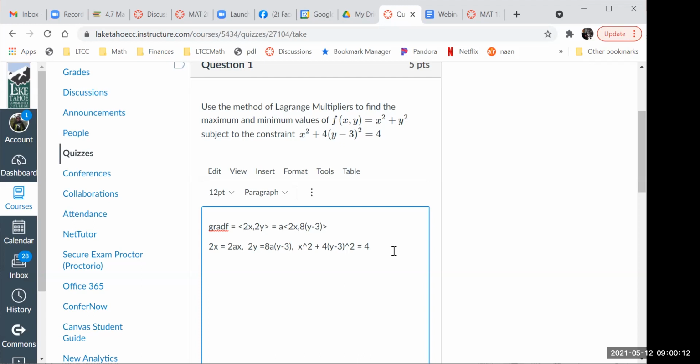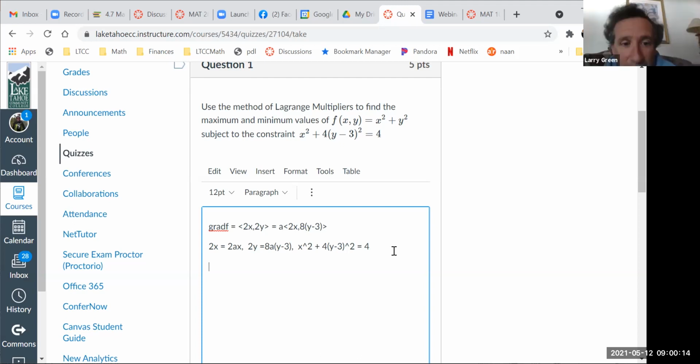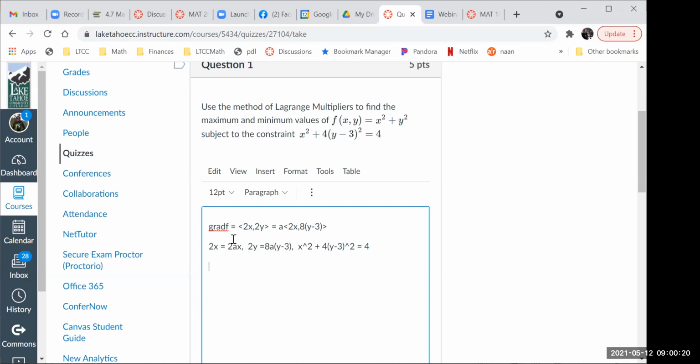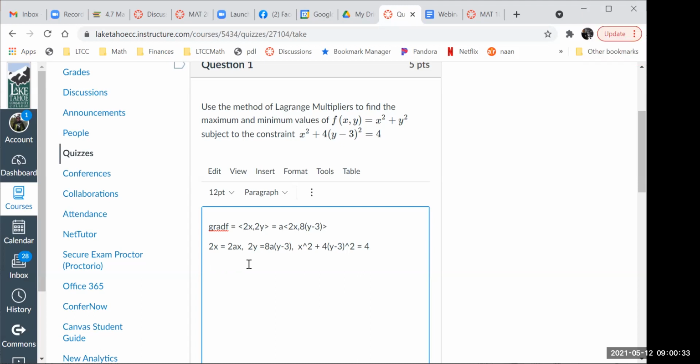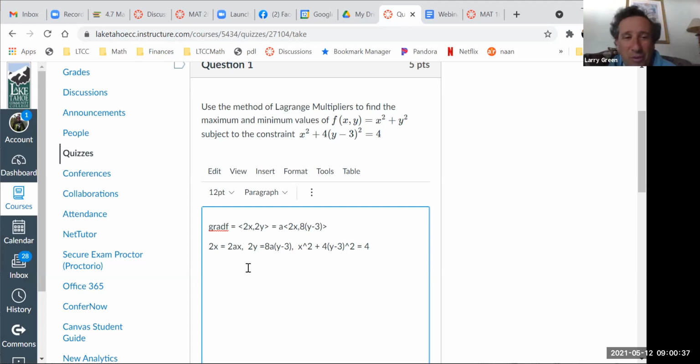Isn't it x squared? I think I might have divided wrong. What's 2x divided by 2x? Is it 1? Yeah, 2x divided by 2x is 1. Anything divided by itself is always 1. That's a standard math thing.